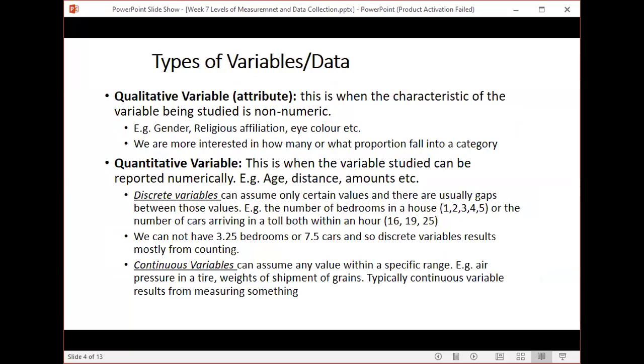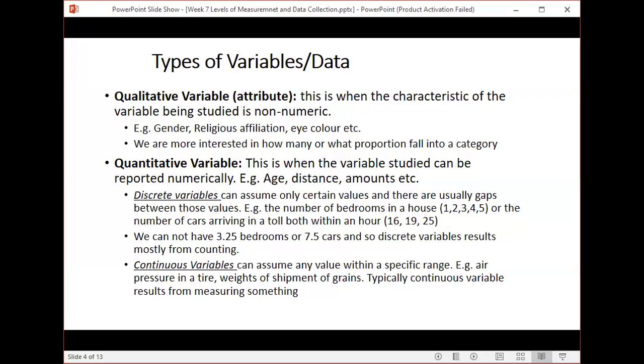Now we have types of data or types of variables, you can call it that way. So we have qualitative data or qualitative variables, and we have quantitative variables. So let's start with the qualitative. Qualitative variables are the ones that are just describing a characteristic about something. Normally it's an attribute, your hair color, your eye color, those sort of things.